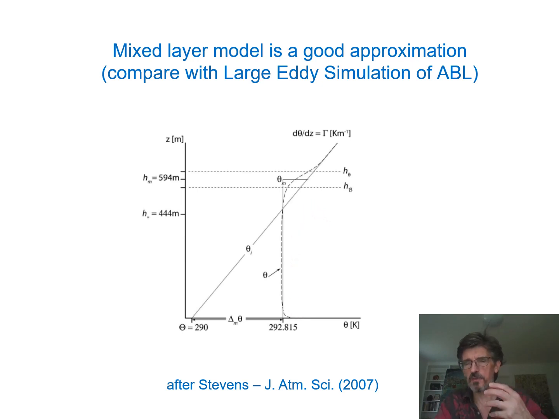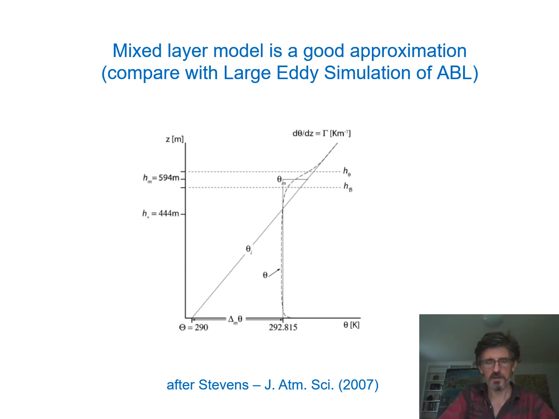So the approximation is actually good, and this avoids us all the millions of calculations that you would do otherwise if you had to follow at least the large eddies, not even the small eddies that are impossible to follow, but at least the larger scale turbulence of the ABL.